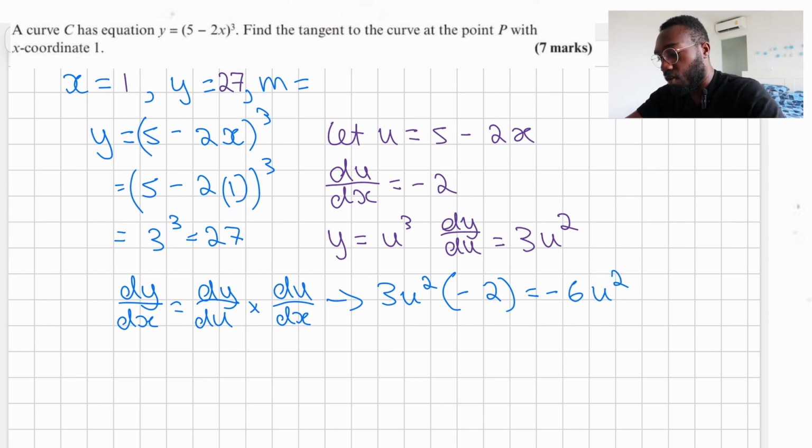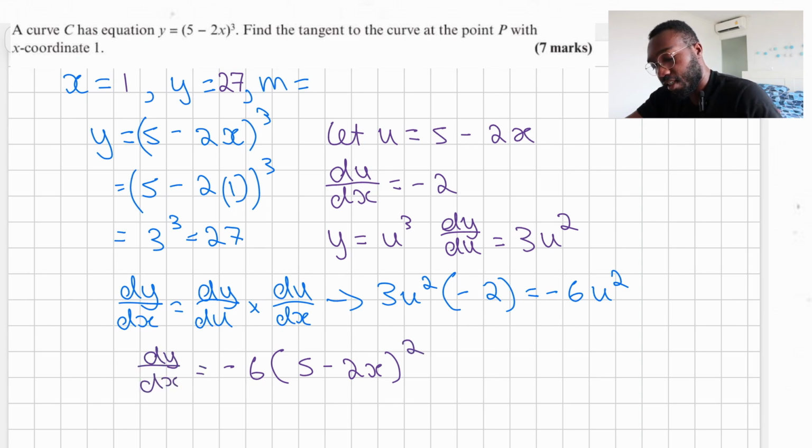If we rewrite that, we get minus 6, and u was 5 minus 2x, squared. So therefore dy over dx equals minus 6 times (5 minus 2x) all squared.